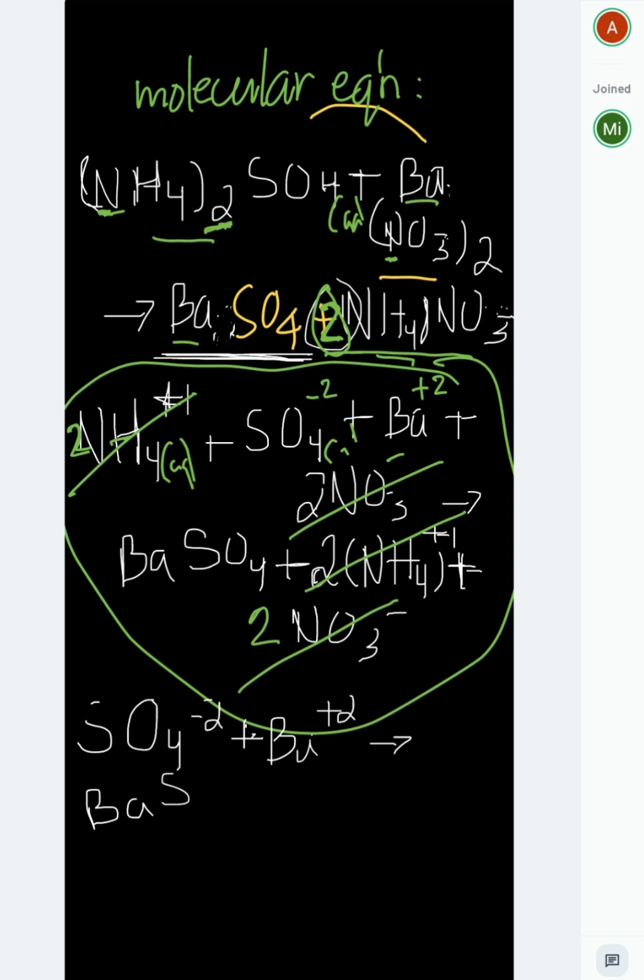Are you going to have an exam on this? Yeah. So you have to put the state, aqueous and solid.